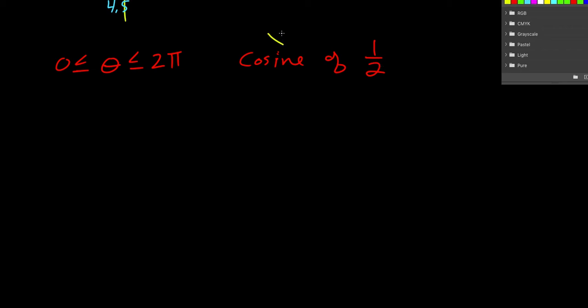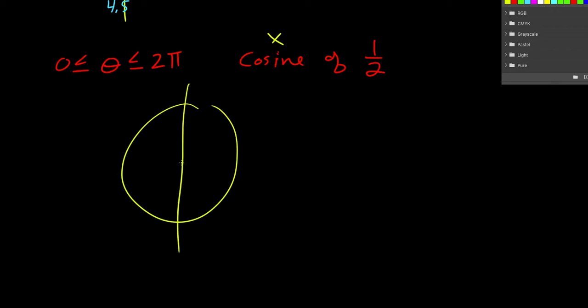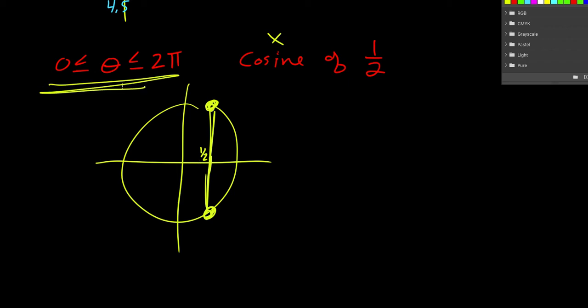Cosine, remember, is x. So if I'm drawing my unit circle, I want all the values that are going to happen right here, assuming that this is 1/2. It's basically just asking, in one rotation, from 0 to 2 pi, how many will give us an x value of 1/2, or which ones specifically.